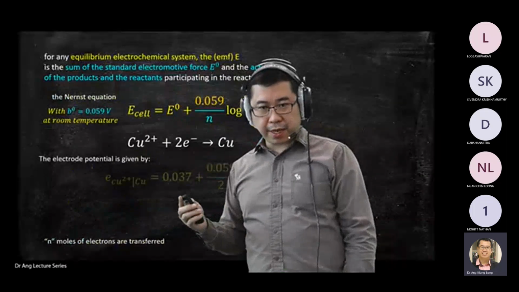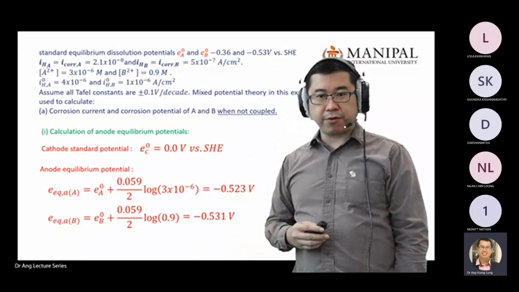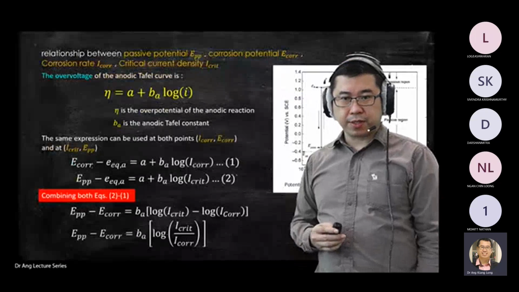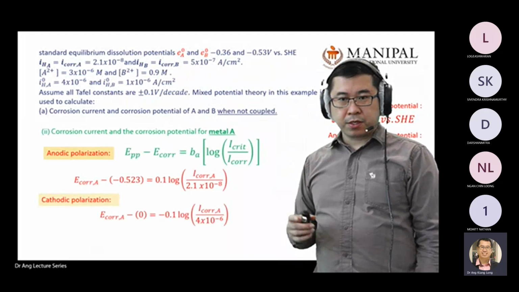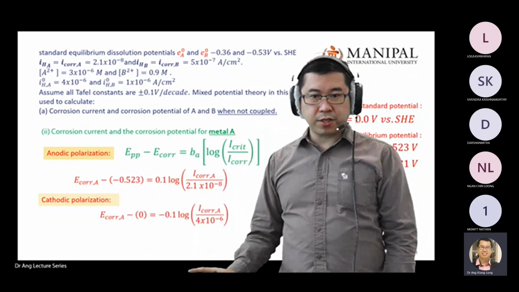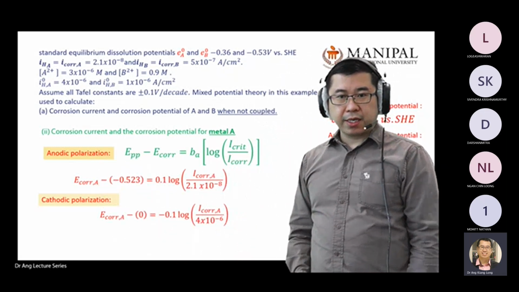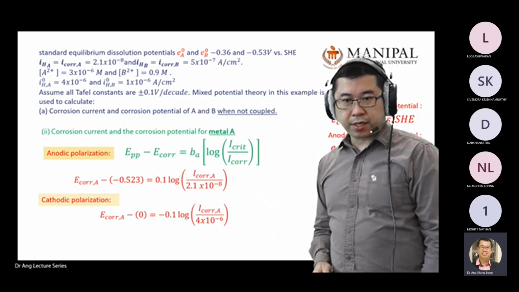So from the sample answer here, you can see how we use the Tafel equation in analysis. From here, we calculate the anodic polarization and cathodic polarization for A. We have two equations here.